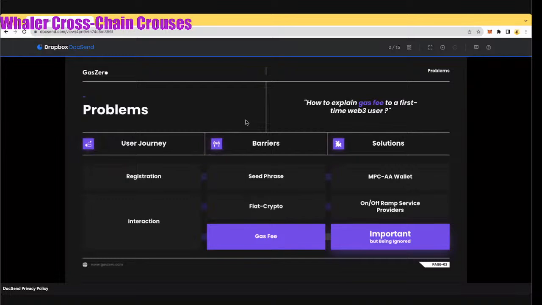And avoid losing or leaking the seed phrase data to the outside. The second barrier is interaction with the blockchain. When you need to use a blockchain, you need to buy a native token. So even if I have an account and someone sends me some money, I need to have some Ethereum on it, if it's an Ethereum account, to send these funds to another token. So this is a problem. This is one of the reasons we have gas fees, and we can solve this problem with the GasZero protocol.